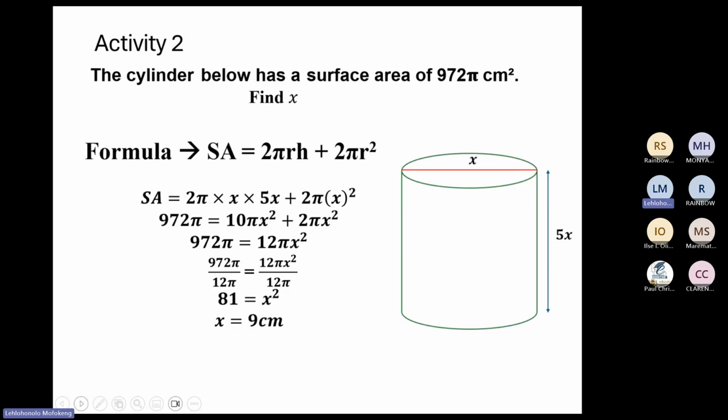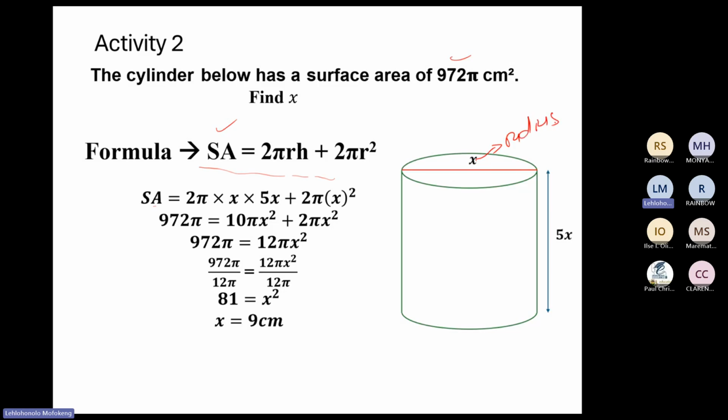The key thing here is to notice what is given. You are given the surface area. So as you go to the formula, you'll substitute for the surface area, and you'll substitute the value of x. In this instance, this x is not a diameter, it is a radius.